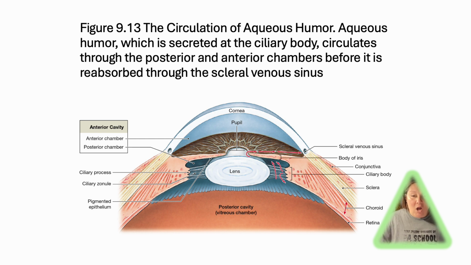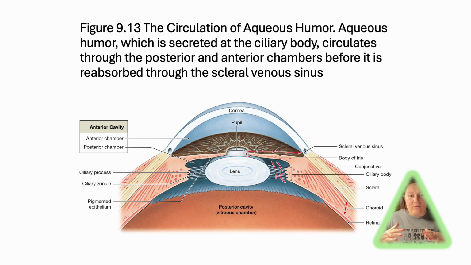So we've talked about the anterior chamber and the posterior chamber just a bit. The anterior chamber, I had said, is everything before the lens. From the cornea to the lens is the anterior chamber. And then the posterior chamber is everything behind the lens to the back of the eyeball, up against the back surface.